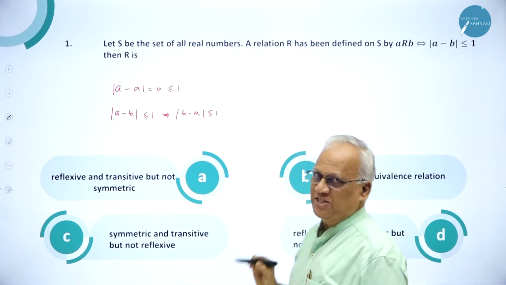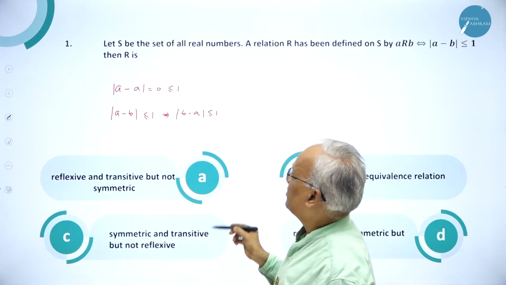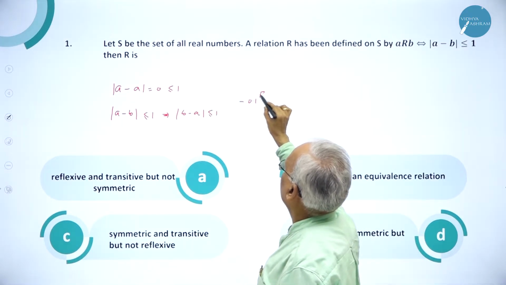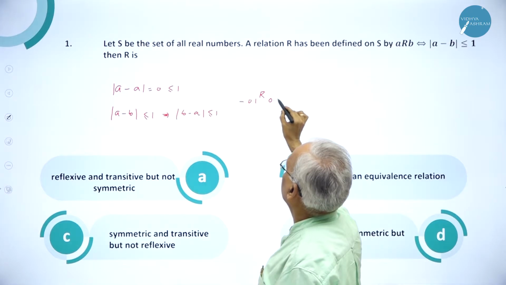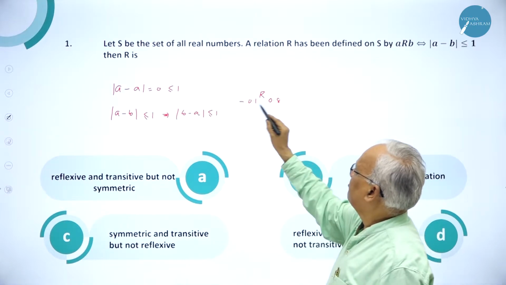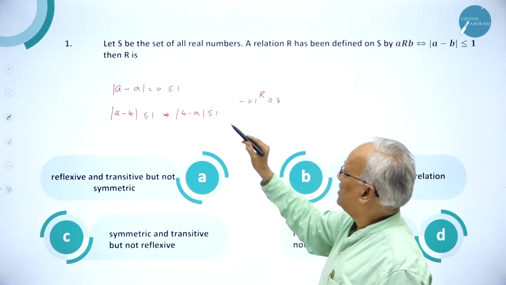But it is not transitive. To say it is not transitive, you must think of a counterexample. Please see, minus 0.1 is related to 0.8, because the difference is 0.8 minus of minus 0.1, which is 0.9, which is less than 1.